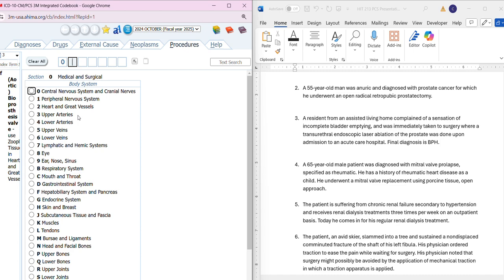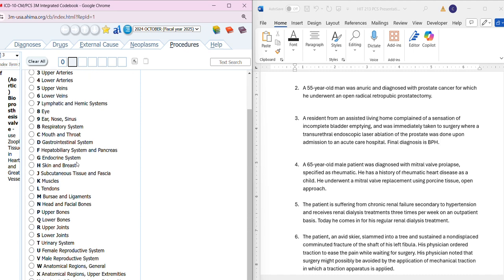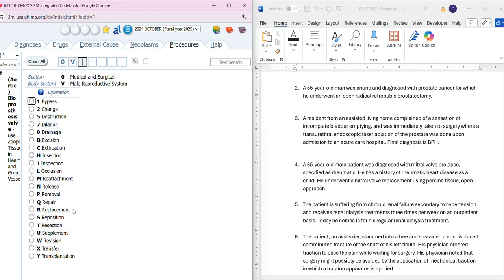The body system, the prostate is part of the male reproductive system, so that's going to be V. He had a prostatectomy, so that's where you remove a whole body part.